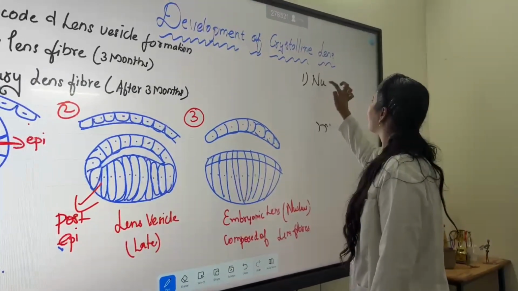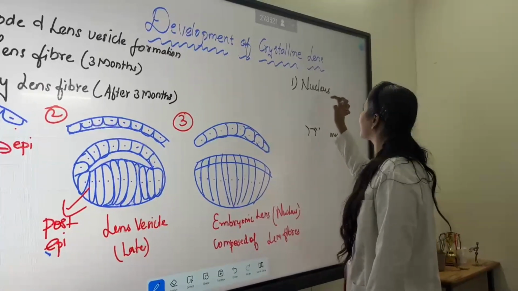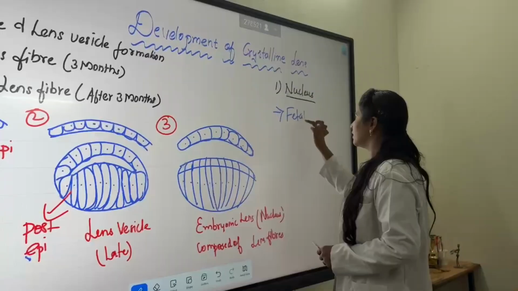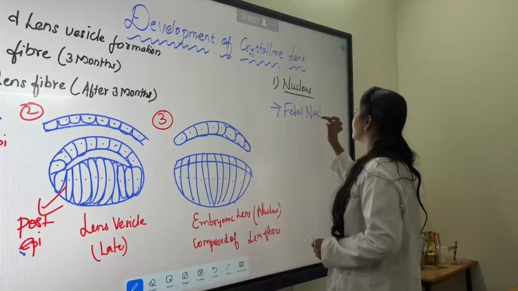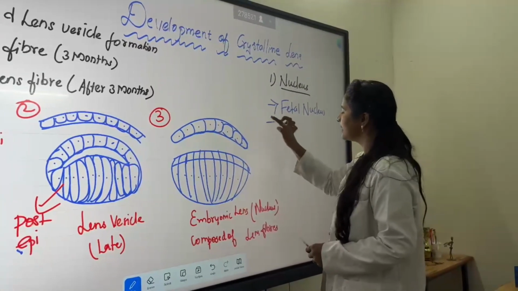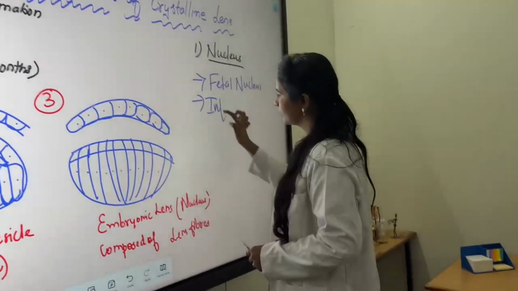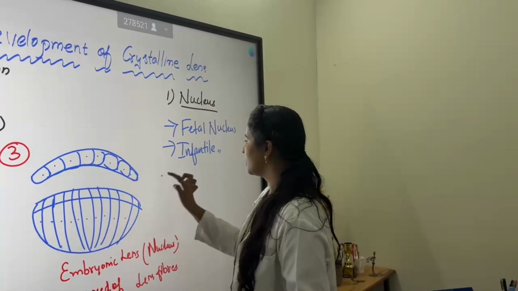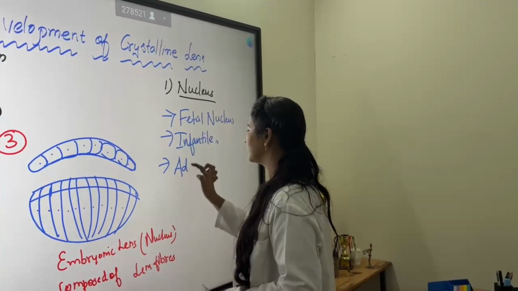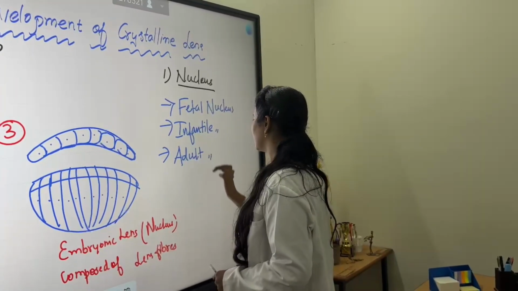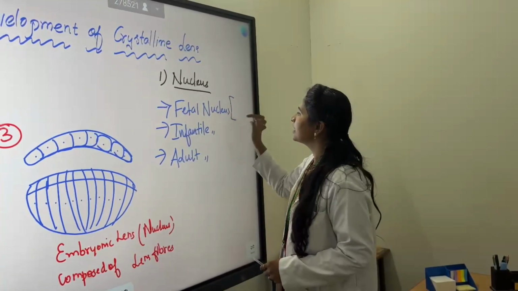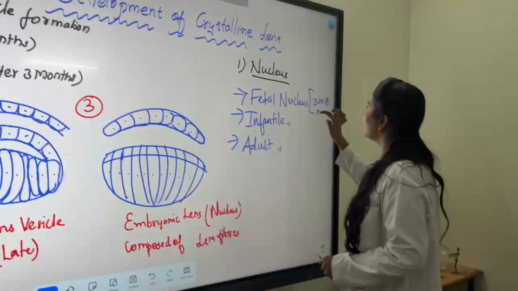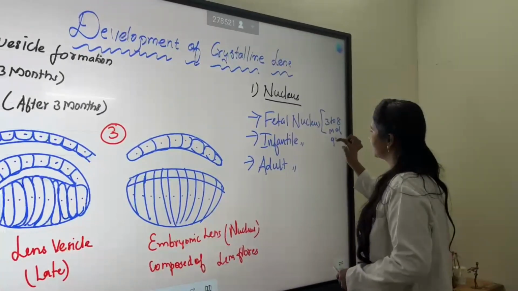Nucleus. In the nucleus, first we have the fetal nucleus. Next is the infantile nucleus. Next is the adult nucleus. The fetal nucleus occurs about 3 to 8 months of gestation.